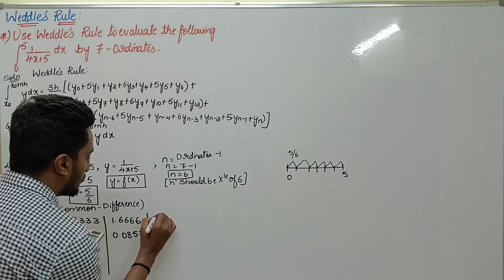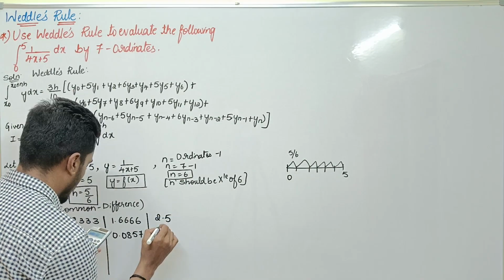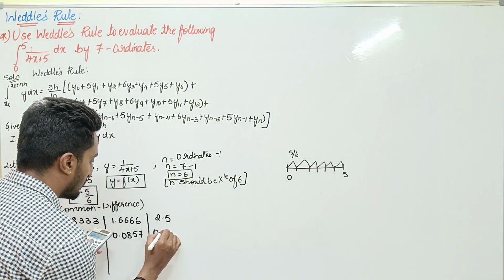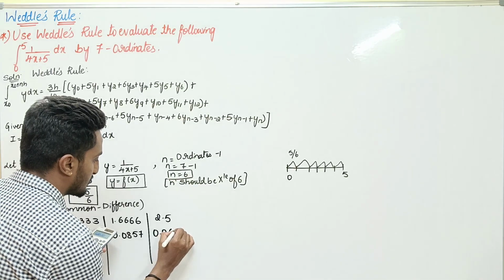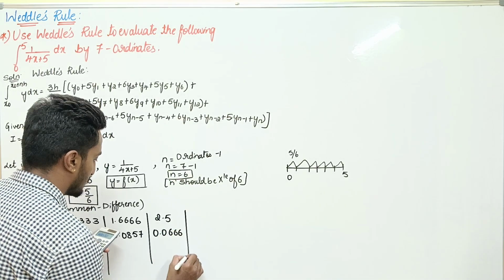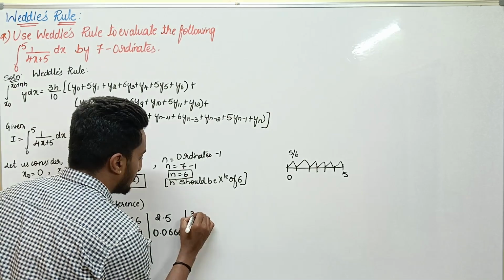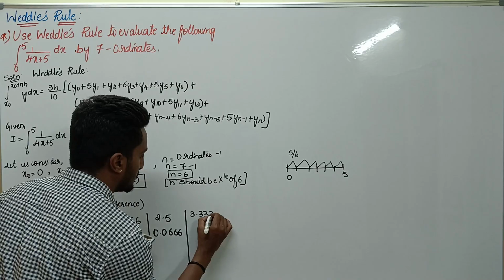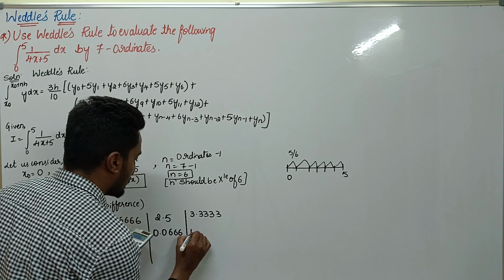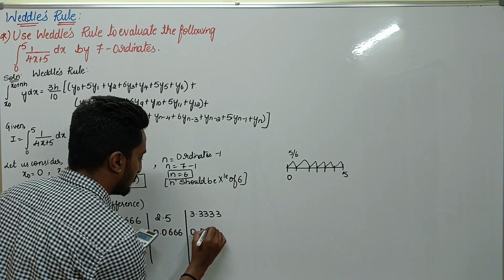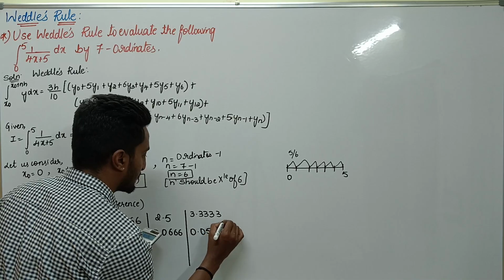Next, 2.5. For the value of 2.5, we have 0.0666. 3.3333, we get 0.0545.